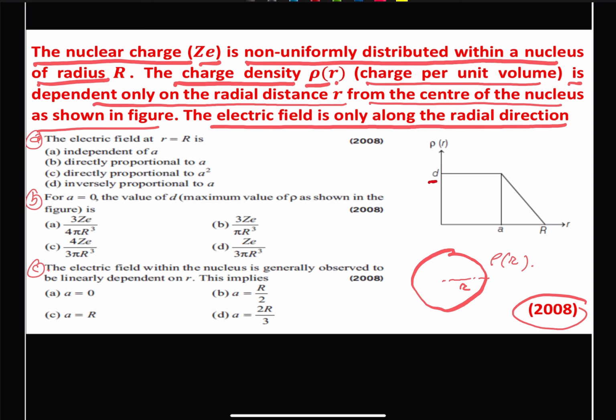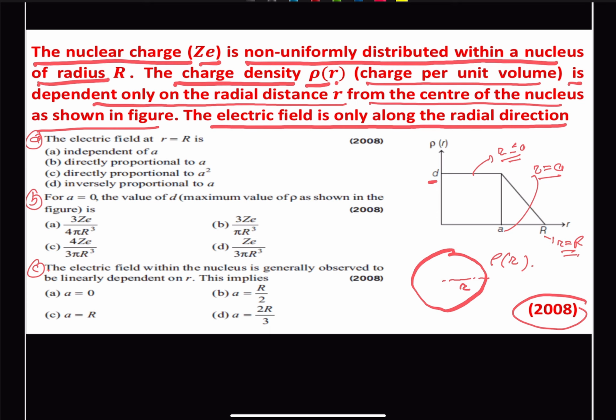The density is constant up to the point given as A, so at r is equal to A, and this point means when r is equal to capital R. This charge density has a constant value given as D for r less than or equal to A, and for the rest of the graph we have to write an equation. We will write that equation later on with respect to the slope.